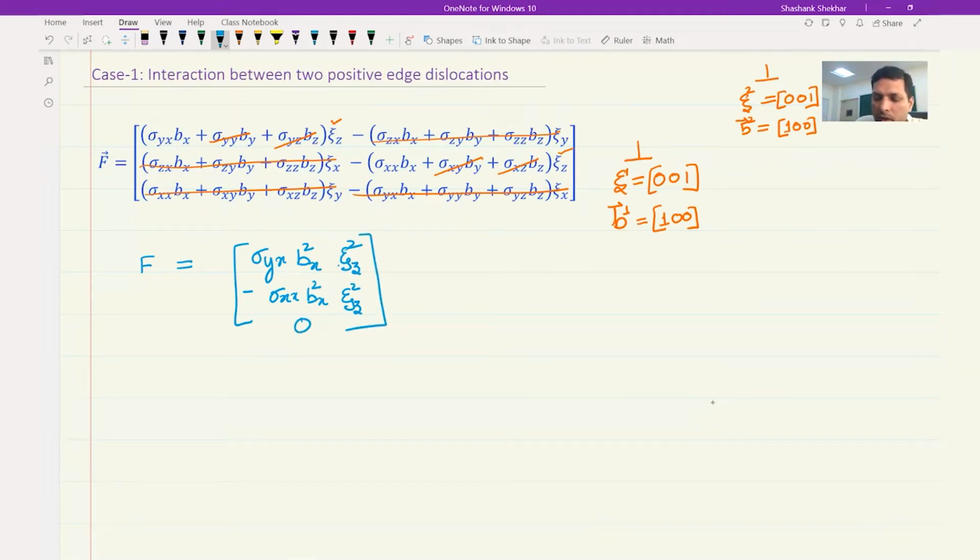Now this is Fx, this is Fy, this is Fz, and also per unit length. I'm not explicitly mentioning it again and again, but you have to keep that in mind.